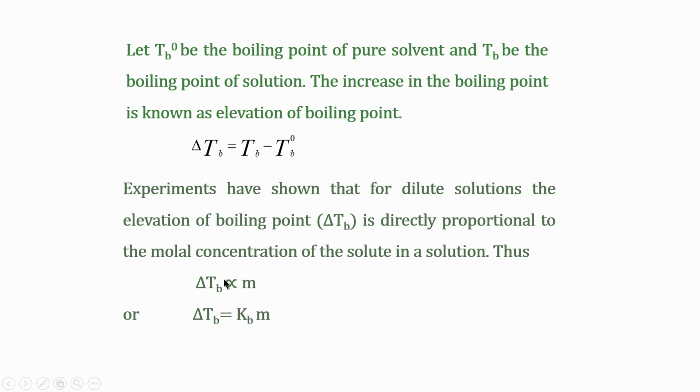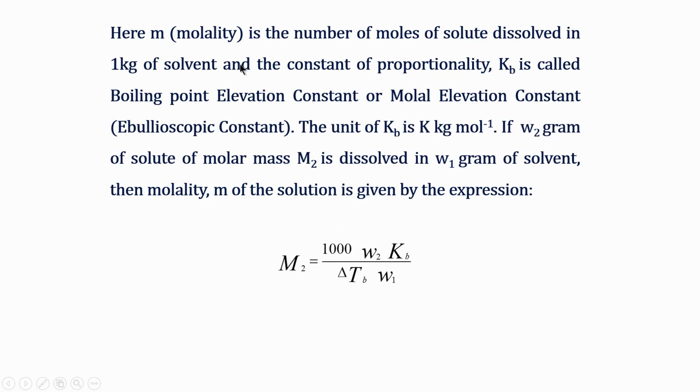So, we can write delta Tb is proportional to m, that is molal concentration. I can also write delta Tb is equal to Kb into m. So, here m is the number of moles of solute dissolved in 1 kg of the solvent, and the constant of proportionality Kb is called boiling point elevation constant or molal elevation constant. It is also known as ebullioscopic constant.